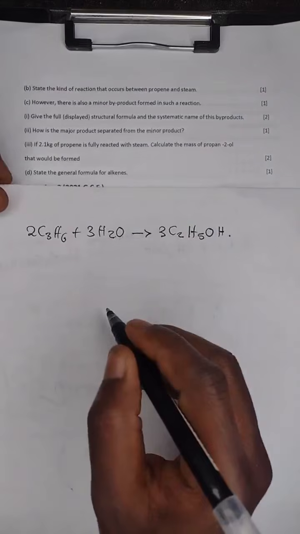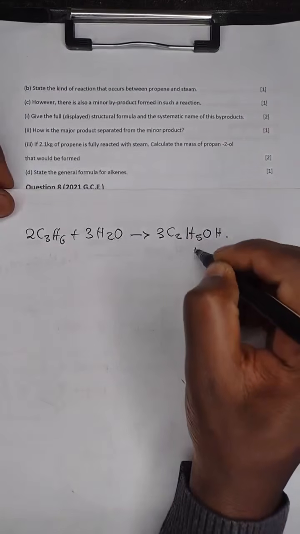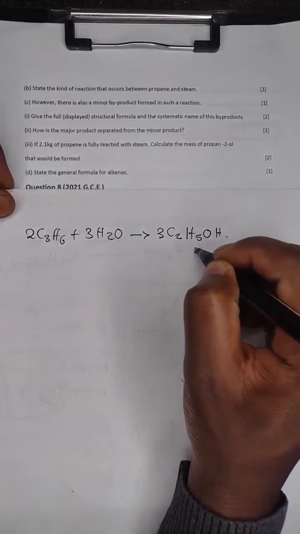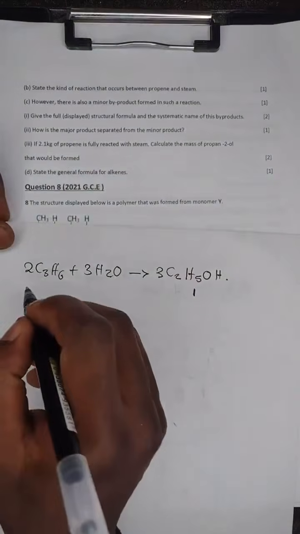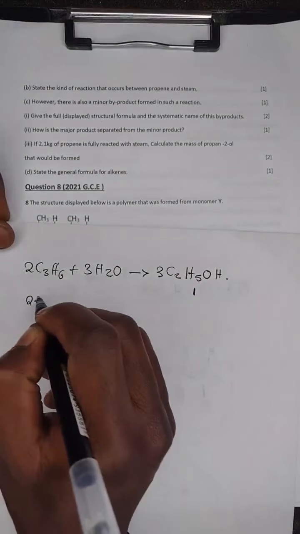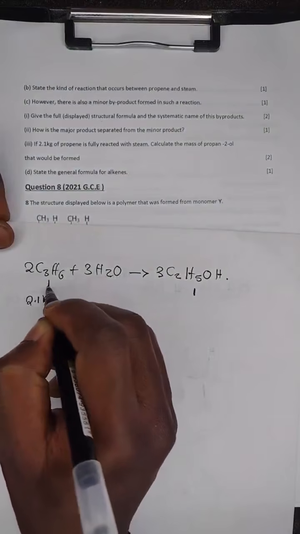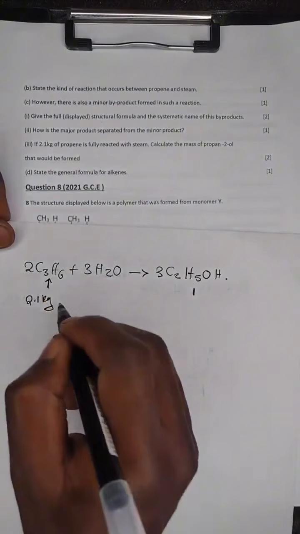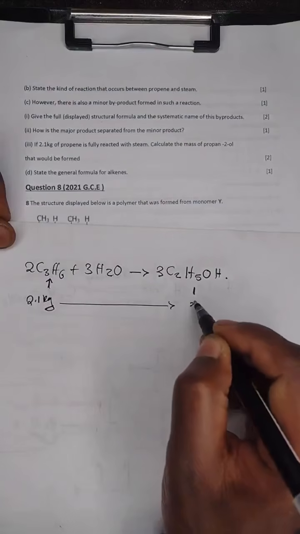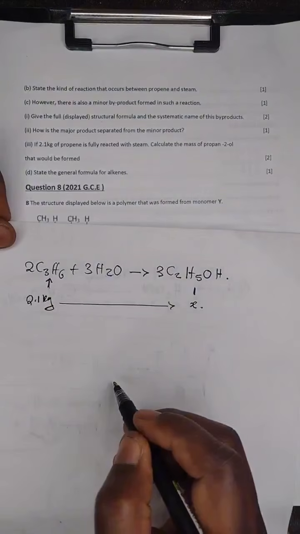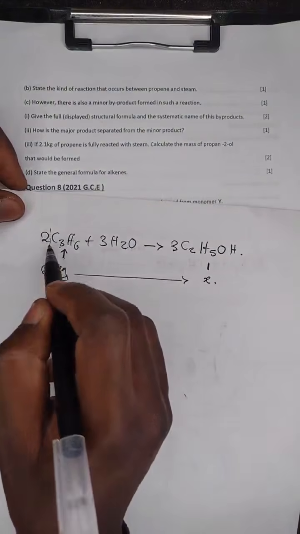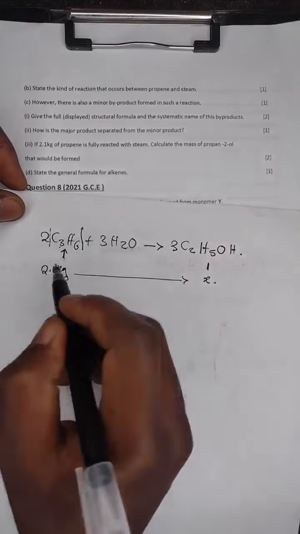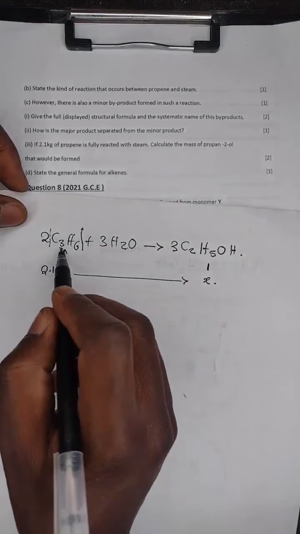Now we are going to use mass to mass, because here we want to find the mass of this one. So let us use the mass to mass relation. So here we are given 2.1 kg of propene. Now, mass to mass, let us find the molar mass of this propene.